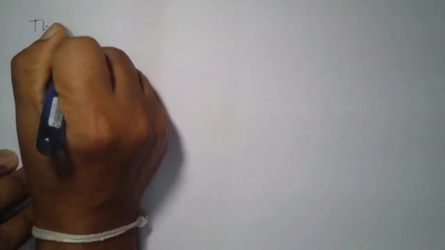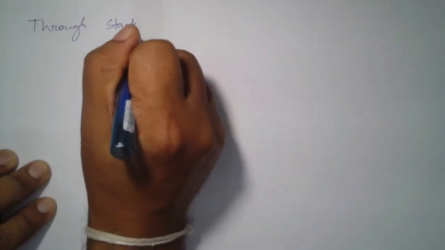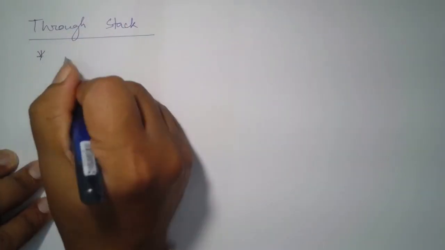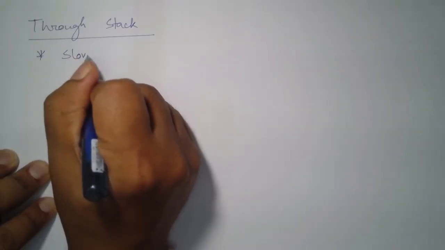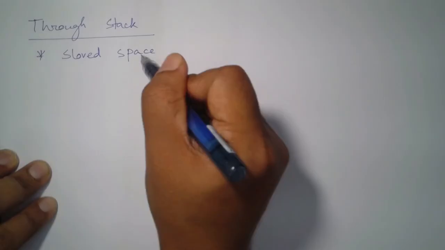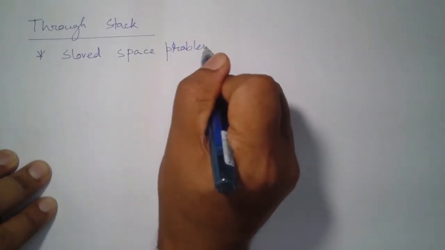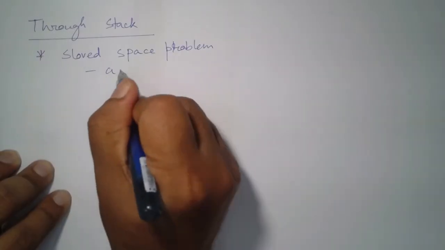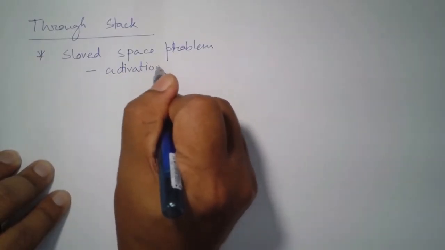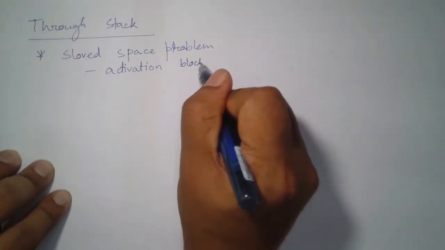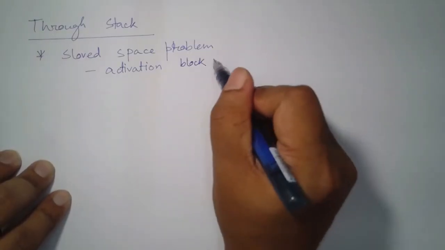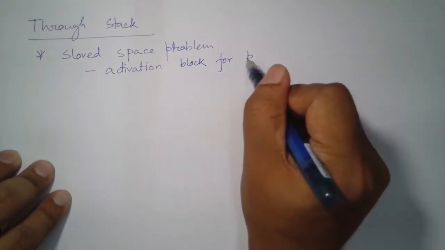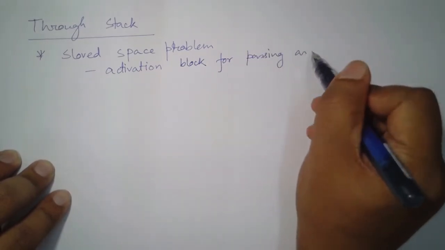Just to summarize what we have discussed so far. Through stack we have solved the space problem, because you have activation blocks for passing as many parameters as you want.